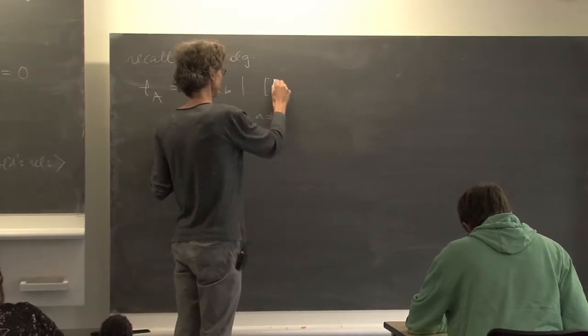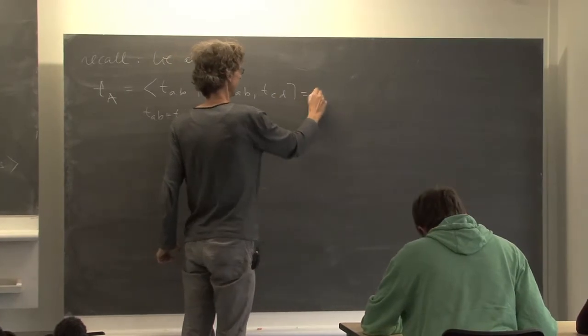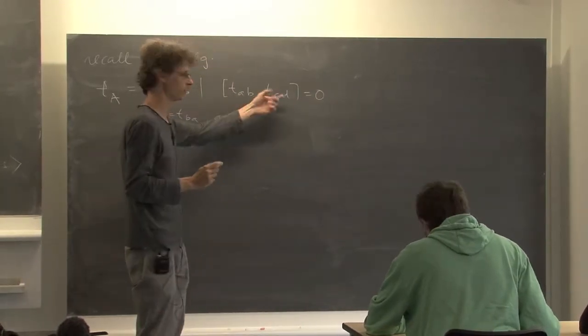Let me write them: [t_AB, t_CD] is equal to 0 when a, b, c, d are all different.